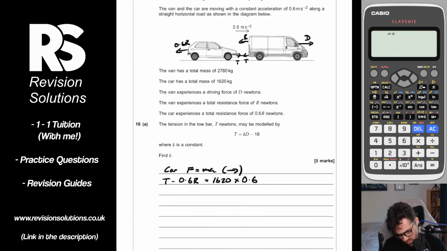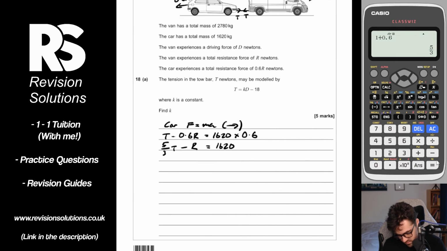And then, just to have R on its own, I'm going to divide everything by 0.6. So 1 divided by 0.6, that's just 5/3. So 5/3 T, and then everything else is going to cancel out nicely. So just be minus R, because that 0.6 would cancel, and then have the 1620 there.